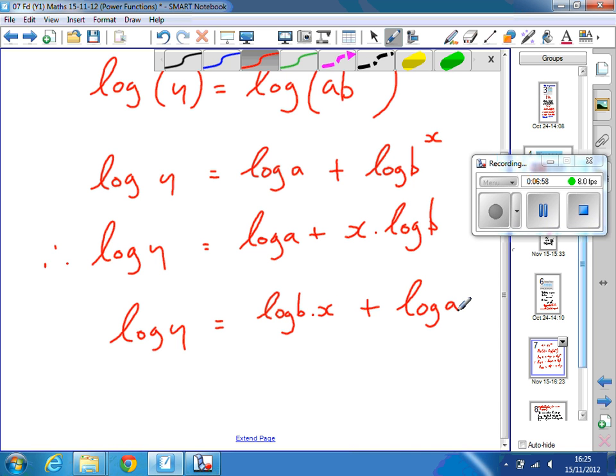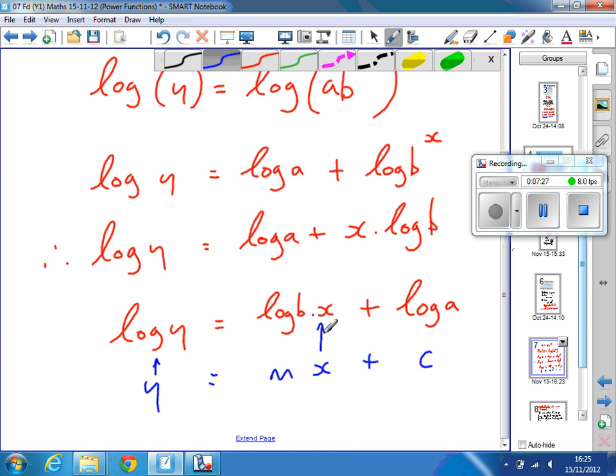And if I now write the equation of the line underneath, y equals mx plus c, we can now see that we've got to plot log y not against log of x, but just against x. So we don't find the logarithm of the x values, just the y values.